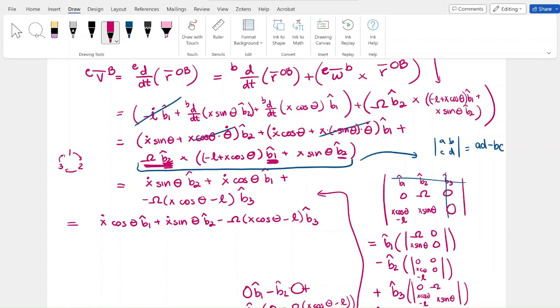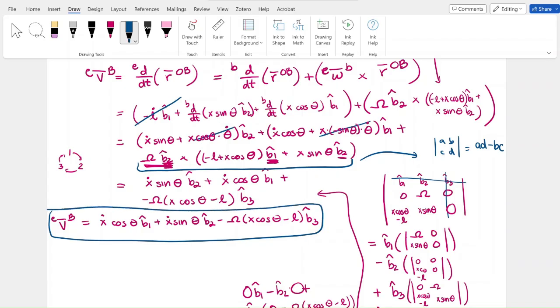Oh yeah, that's right. So that's our answer for the velocity, the velocity of B with respect to the E frame. So we can just box that as our answer for the first part.